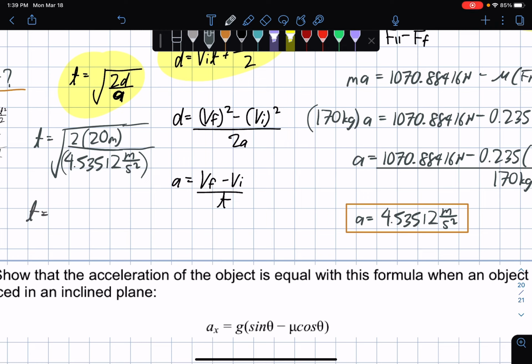So, what does the calculator say? Apparently, it is said to be 2.96986 seconds. So the meter units cancel out, and it's going to be s raised to 2. But because there is a square root, s raised to 2 becomes just s. So, seconds.